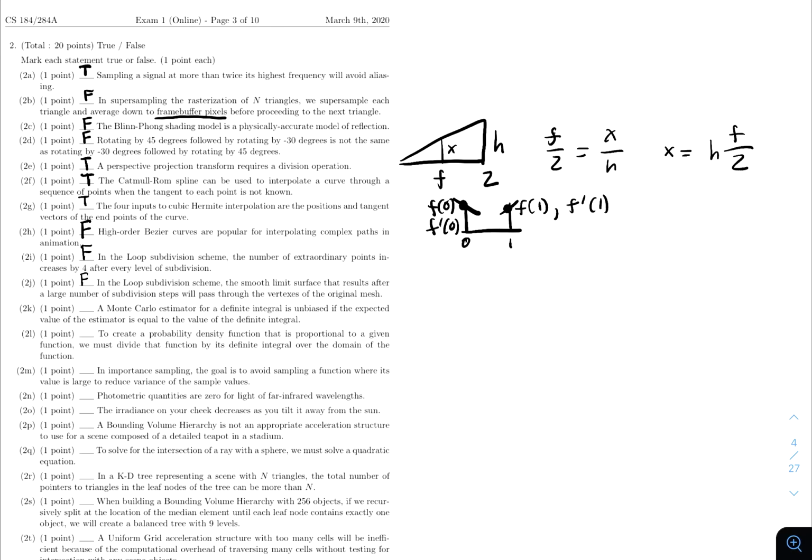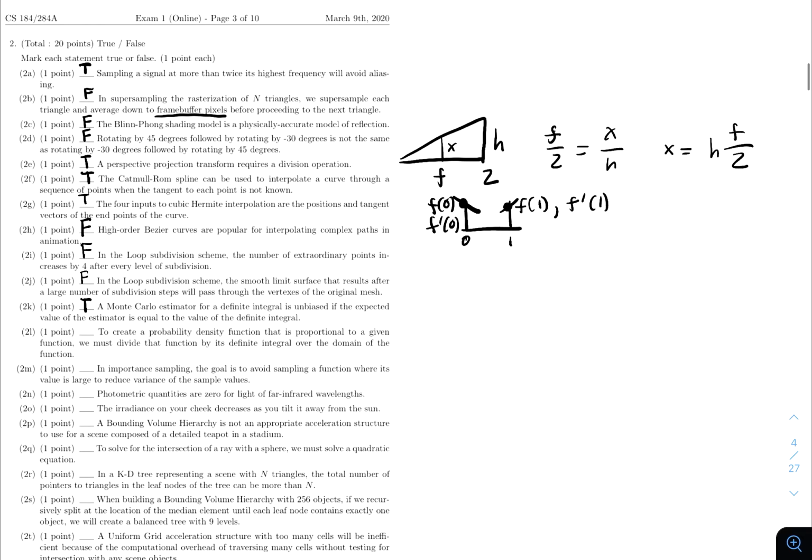A Monte Carlo estimator for a definite integral is unbiased if the expected value of the estimator is equal to the value of the definite integral. That is true. What we had seen before is that the Monte Carlo estimator Fn is equal to a sample average over n samples, where we sample random variable xi. Here xi is sampled from some distribution p of x.